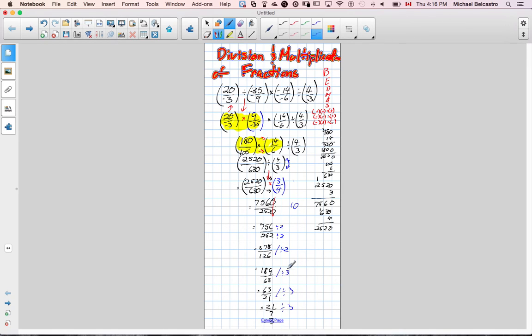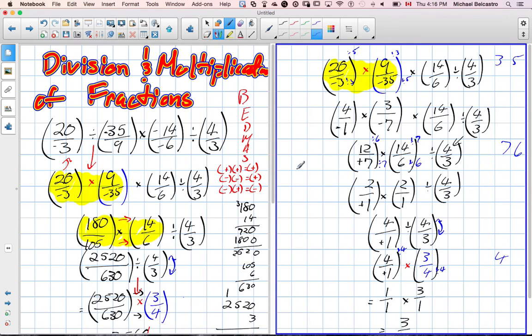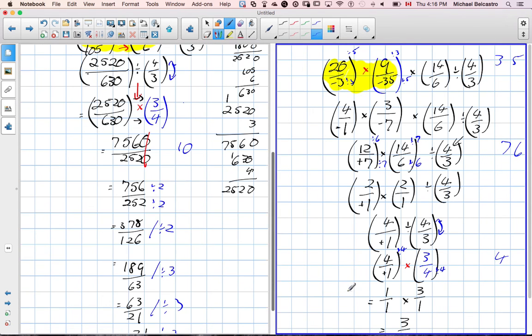So I had 1, 2, 3, 4, 5, 6 steps. 6 steps on the other page, 5 steps here. Roughly the same number of steps, just the numbers on the second page are much easier to work with if we think about it when we're going through. Same thing, just a different method on how to get there.